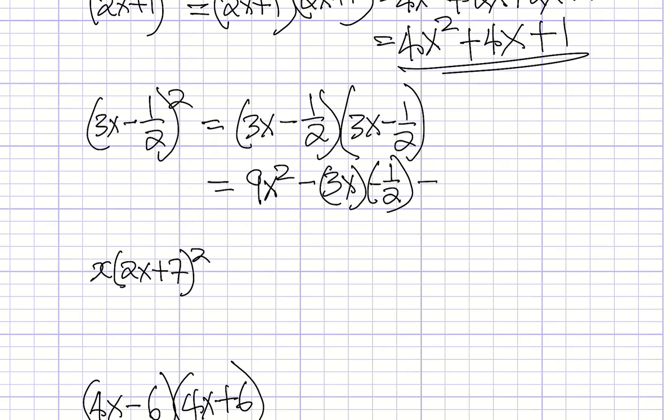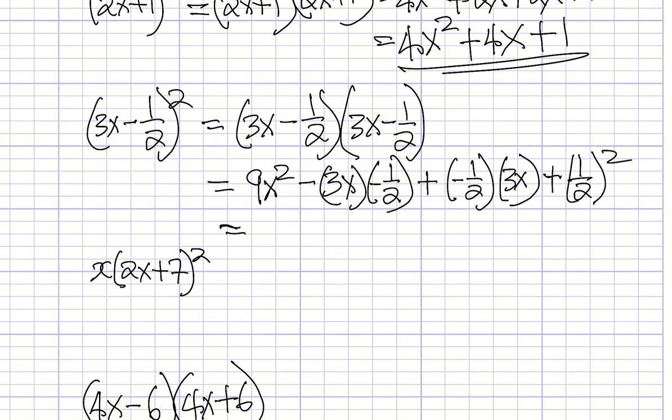And then you do the other one: negative 1 half times 3x. You can say plus negative 1 half times 3x, you see? And then negative 1 half times negative 1 half, you have that squared. You see it, right?